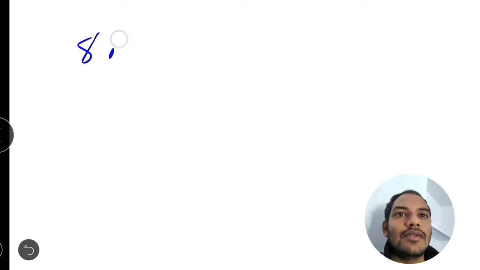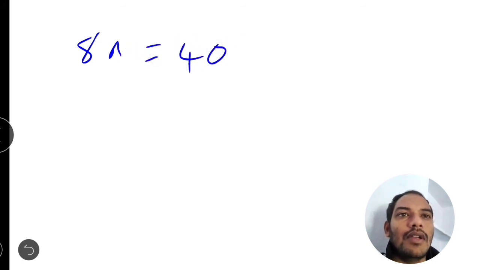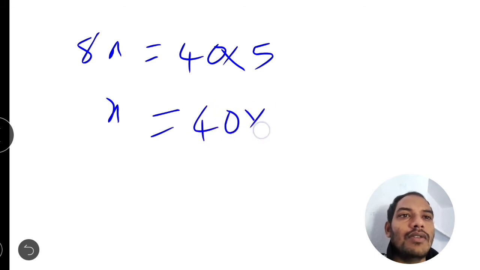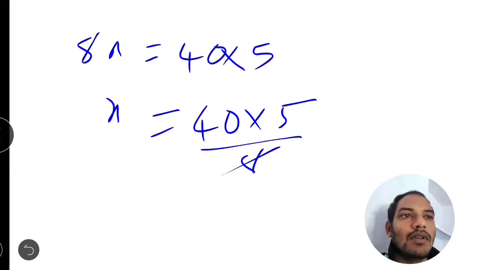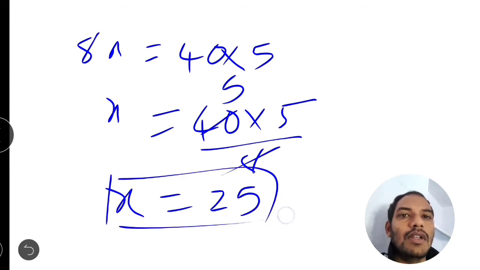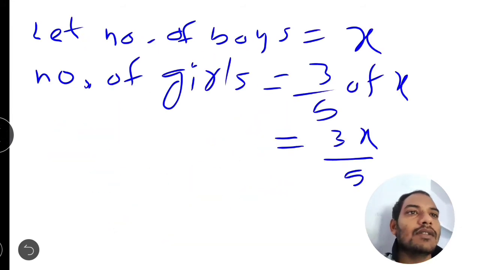So 8x equals 40 into 5, and x equals 40 into 5 divided by 8. 8 ones are 8, 5 fives are 25. So x equals 25. So the number of boys in the class is 25.